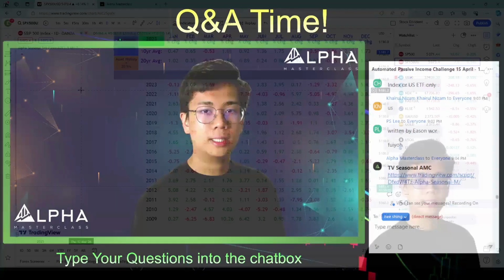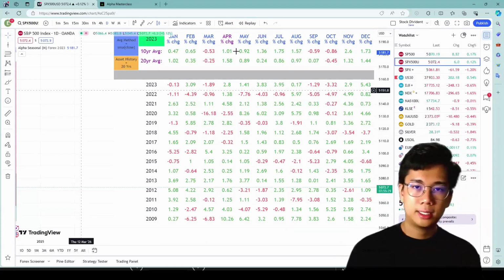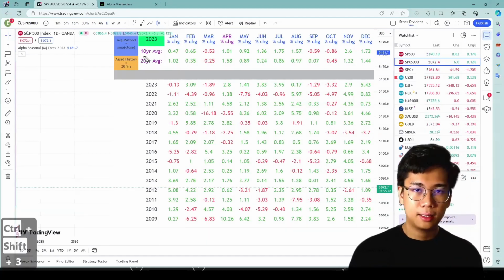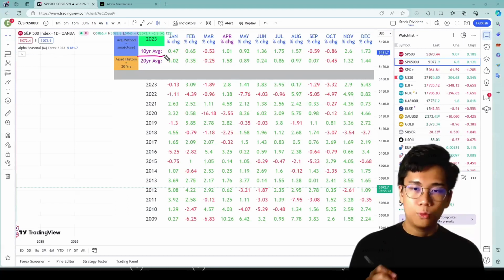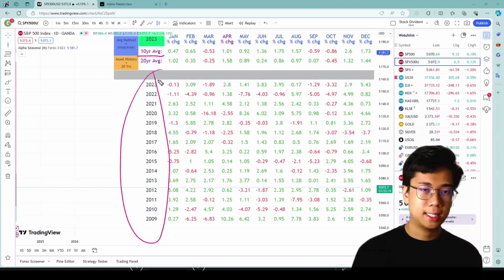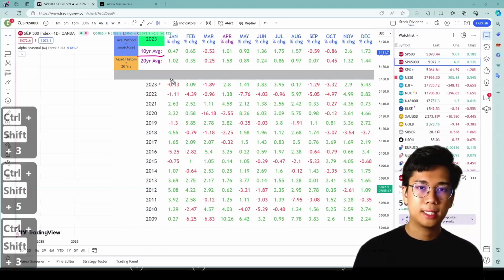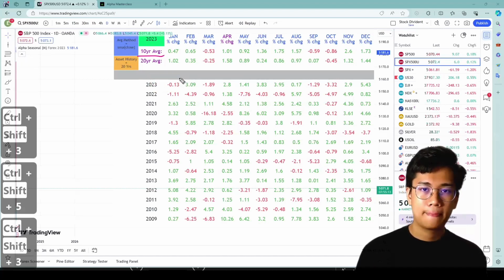Now, this is what you need to focus on: the 10 years average. What we are doing here is, based on the past many years of data, we summarize which month is good to buy and which month is good to sell.